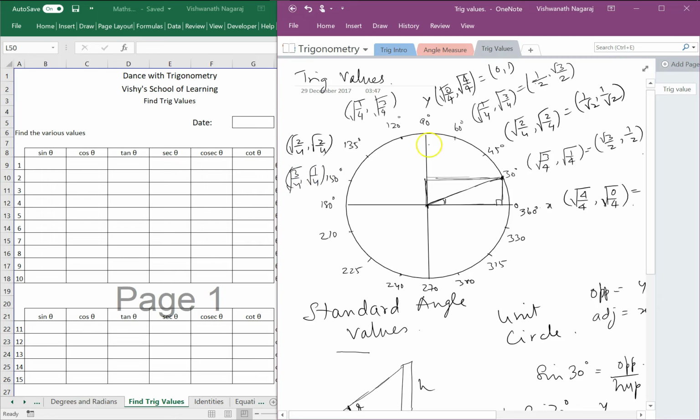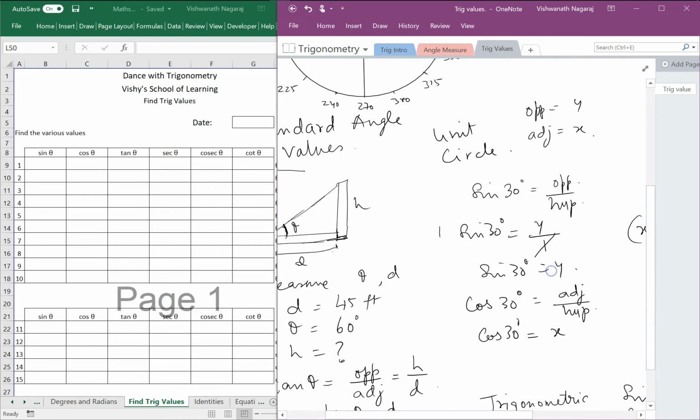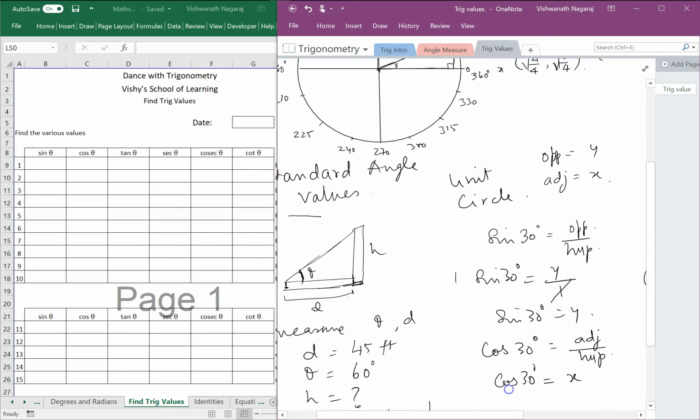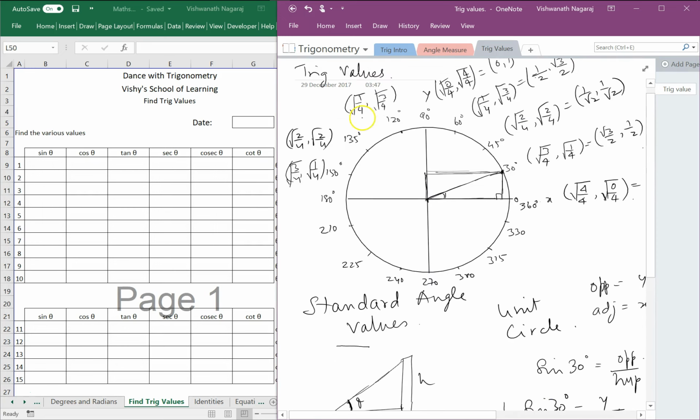Okay, but that's not the only thing. Once you go beyond 90 degree, remember here in the acute angle, that is from 0 to 90, both x and y are going to be positive, but the moment you come beyond 90, then you also have to decide the sign. So here cos is what? Cos is adjacent by hypotenuse, or cos is x, right?